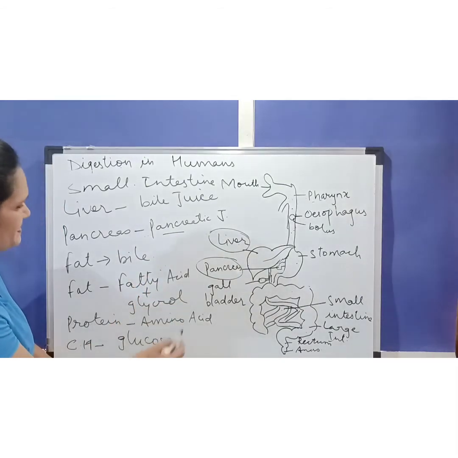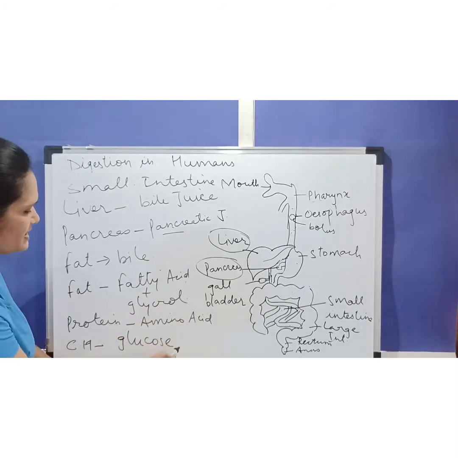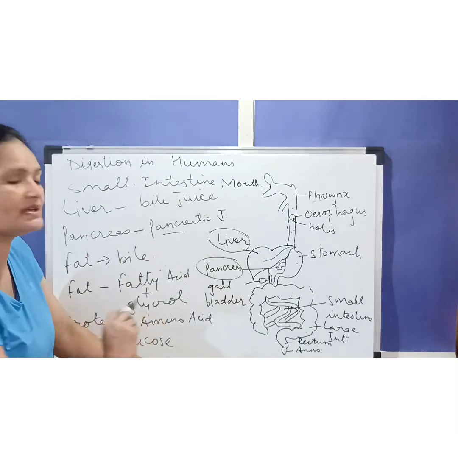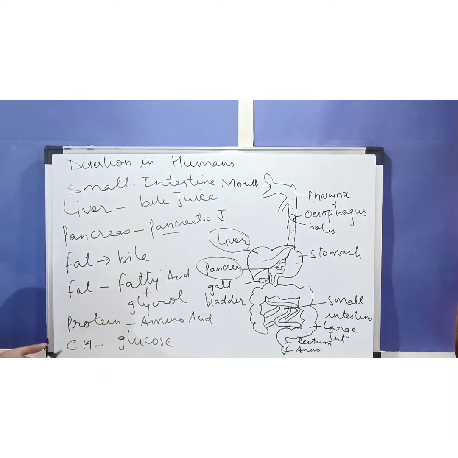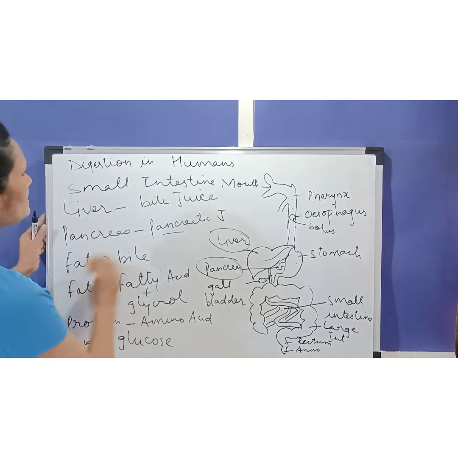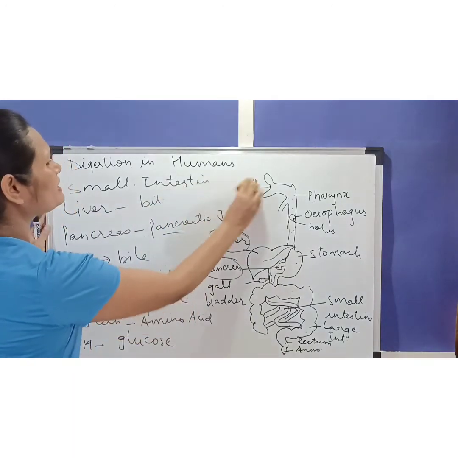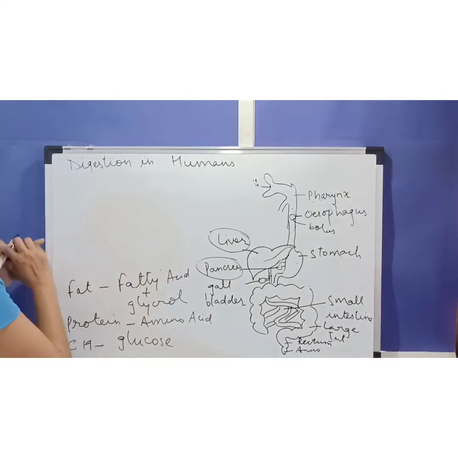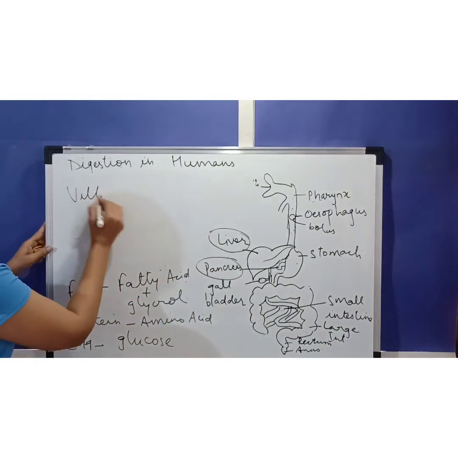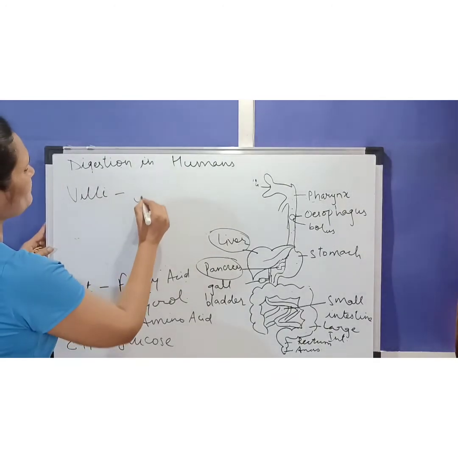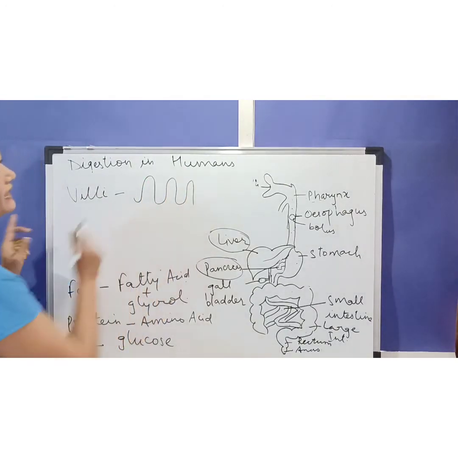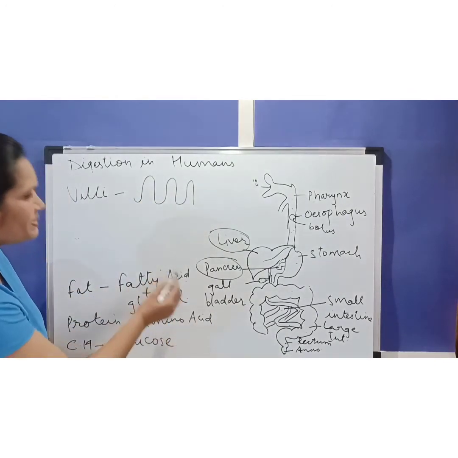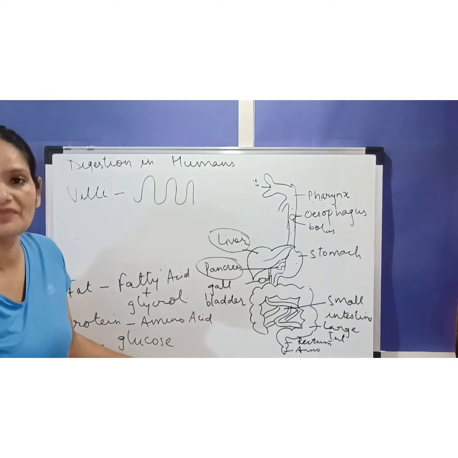These simpler substances, fatty acid, glycerol, amino acid and glucose, are absorbed in the small intestine itself by the blood capillaries which are present in the villi. In the small intestine, there is one more thing, that is villi. These villi are finger-like projections. They are rich in blood capillaries, and all these simpler substances are absorbed by the villi.